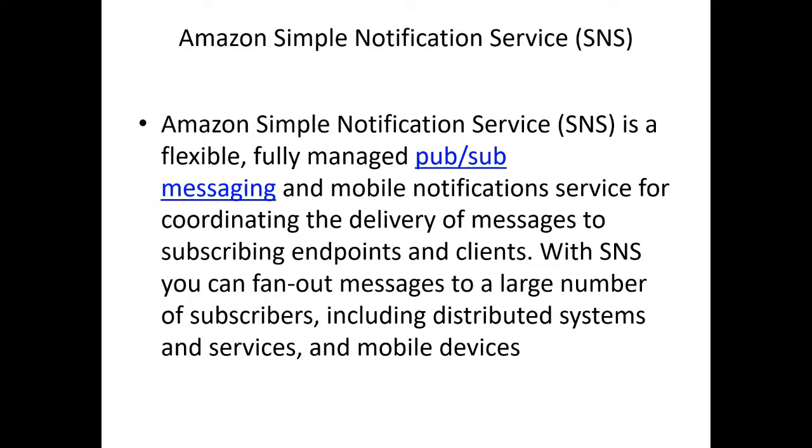Amazon Simple Notification Service, also called Amazon SNS, is a fully managed service for both application to application and application to person communication. It provides topics for high throughput, push based, many to many messaging between distributed systems, microservices, and event driven serverless applications.